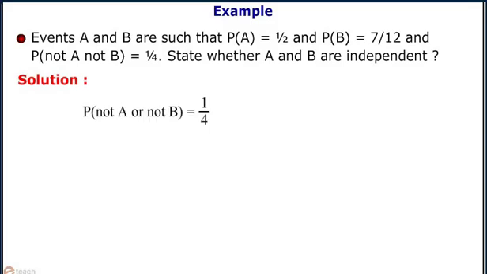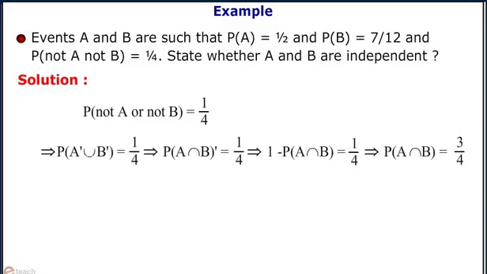Solution: probability of not A or not B is 1 by 4, which is given. This implies probability of A dash union B dash is 1 by 4, which can be written as probability of A intersection B whole dash is 1 by 4.